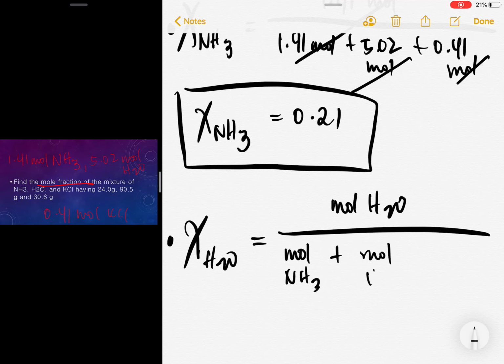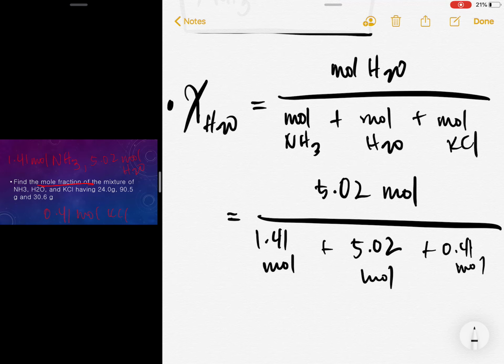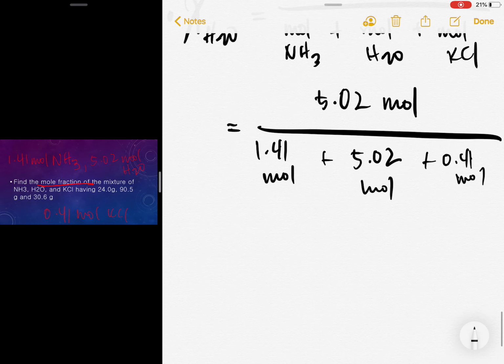So, the mole of water is 5.02 mole over the mole of ammonia, 1.41 mole plus 5.02 mole plus 0.41 mole. Paki-input po sa calculator. Okay? So, the mole fraction of your water is 0.73. May unit ba? Wala po. Your mole fraction is unitless.